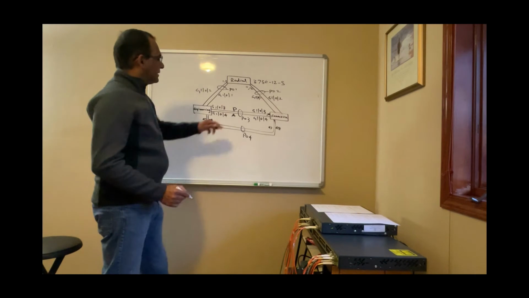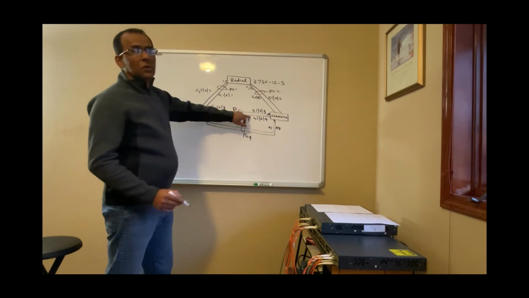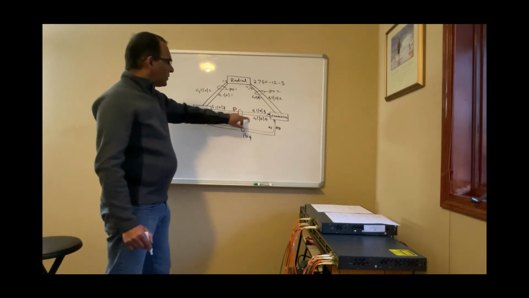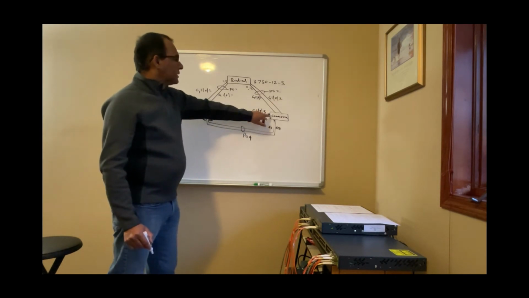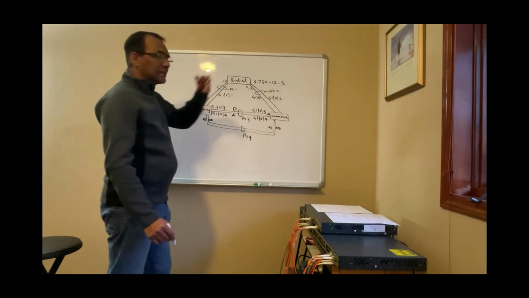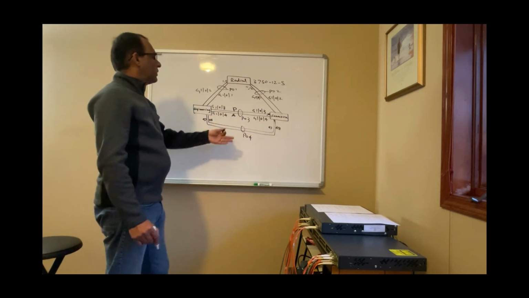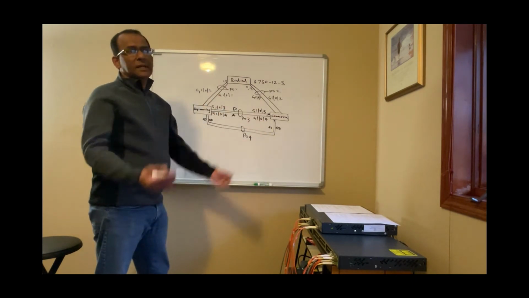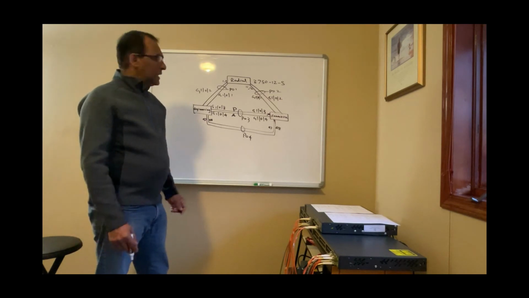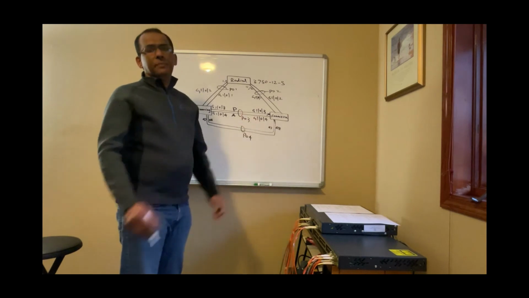Basically this link is just wasting resources until this link goes down. And when this link goes down, the other link doesn't start to forward packets immediately. It has to go through the STP process before it forwards the traffic. So there's a couple of seconds delay in forwarding the traffic. That means STP convergence.